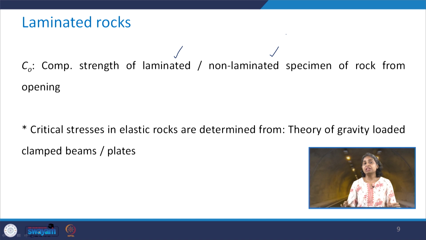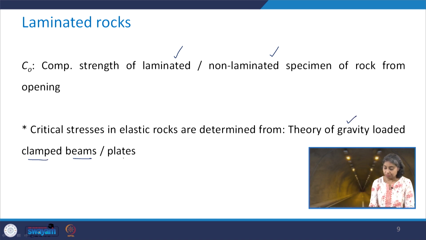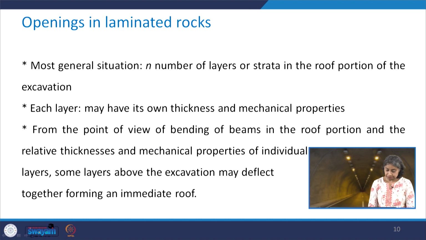How to determine then the critical stresses in elastic rocks? These are done using the theory of gravity loaded clamped beams or plates. Which situation is going to be beams, which situation is going to be plates, that we will learn in a while.